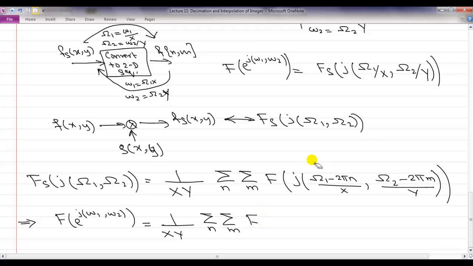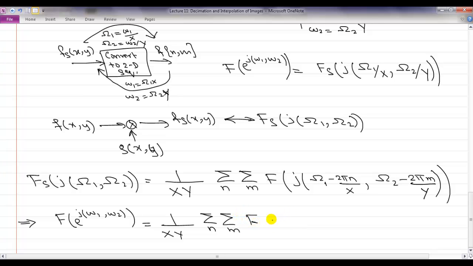I actually made a typo here, so this division is not supposed to go throughout.